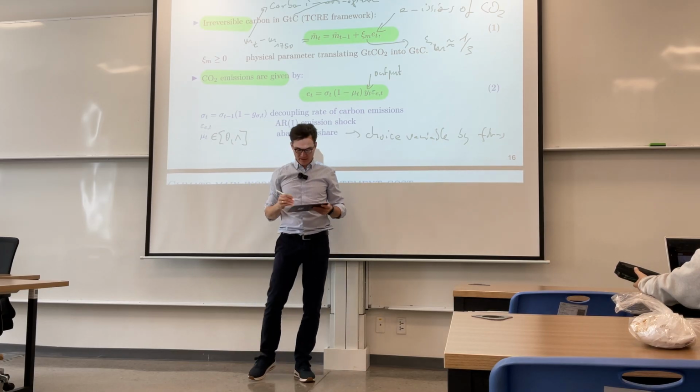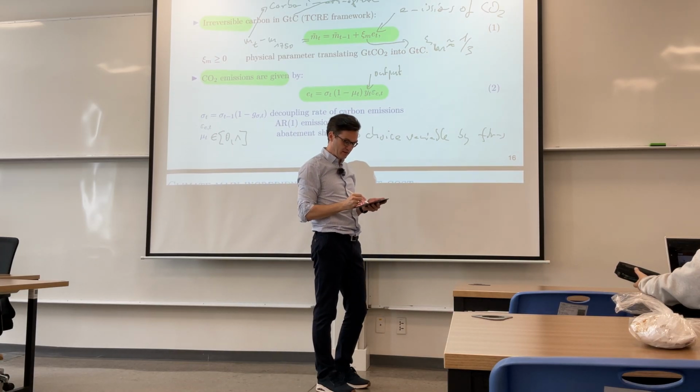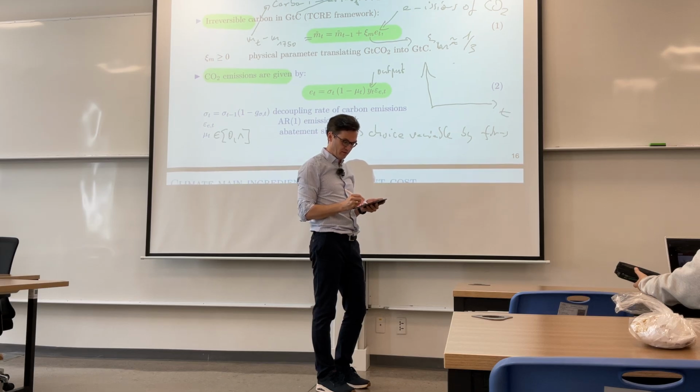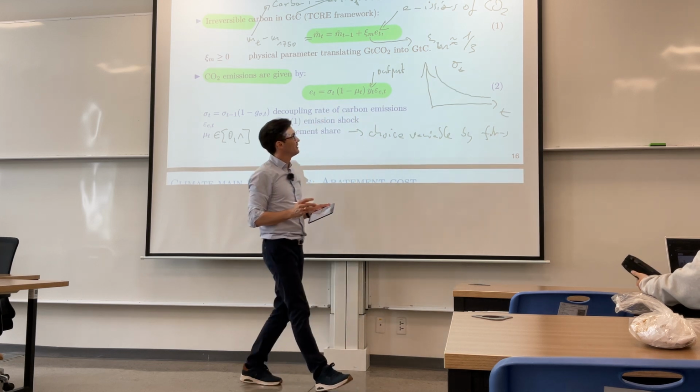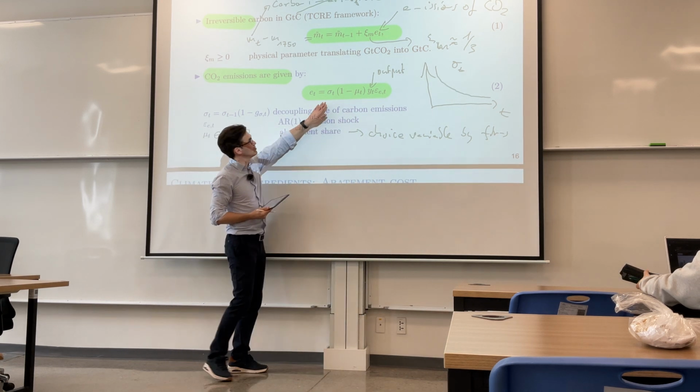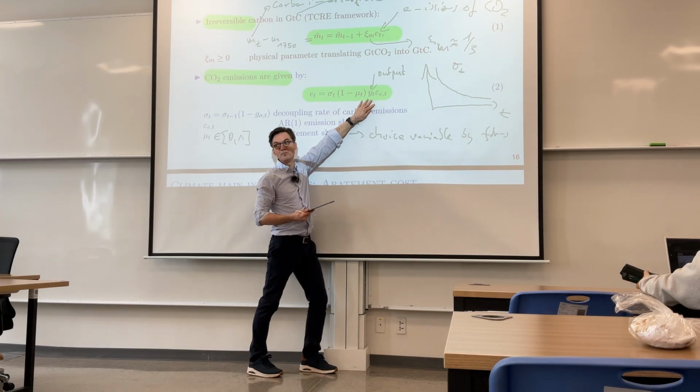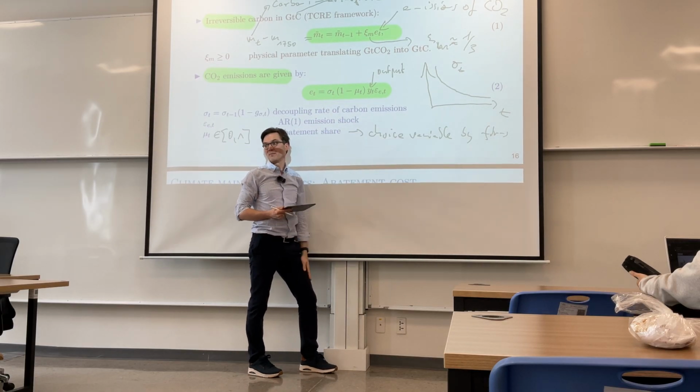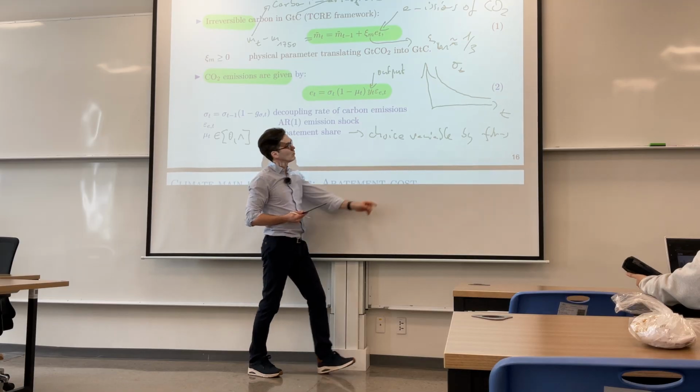So think about sigma, if you plot time here, and you plot sigma over time, the authors work with a specification that over time, the amount of emissions produced by a given amount of output reduces over time. It's not going to 0.